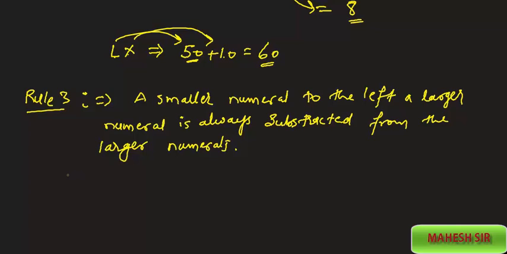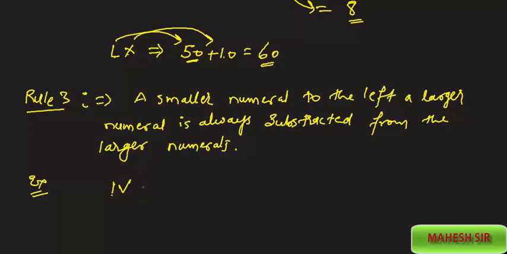student, look at your example. Here V is the larger number and I is the smaller number, so I am writing it on the left side. So what about this one?